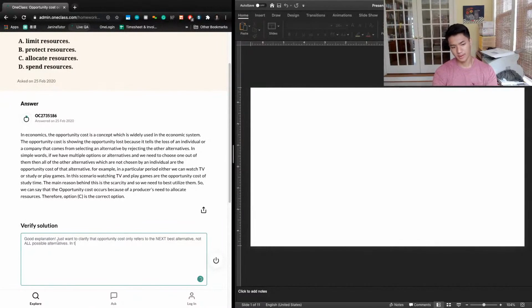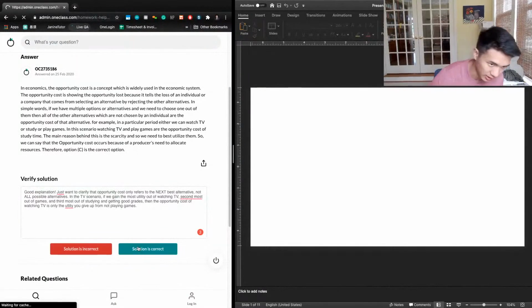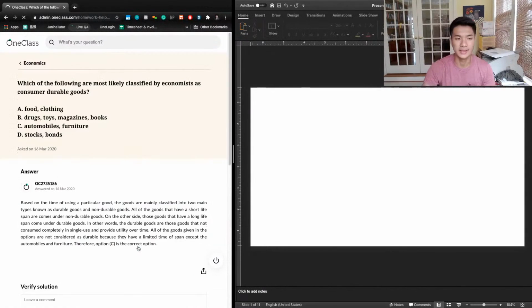In the TV scenario, if we gain the most utility out of watching TV, second most out of games, and third most out of studying and getting good grades, then the opportunity cost of watching TV is only the utility you give up from not playing games. Okay, so we can mark that as correct though. They got C as well, just a little addendum to that answer.